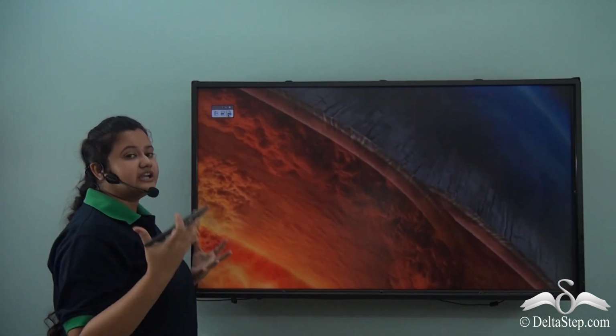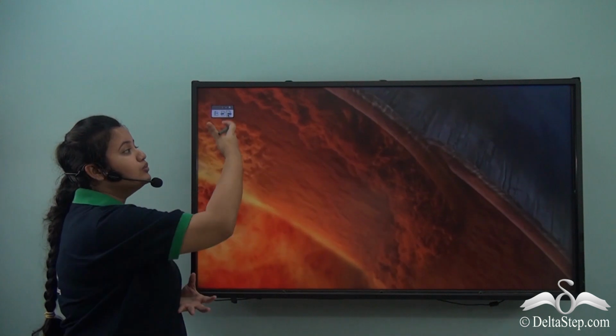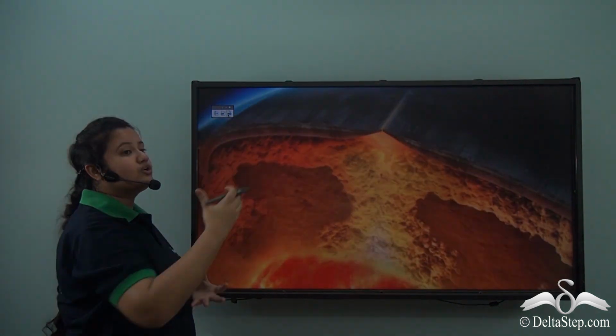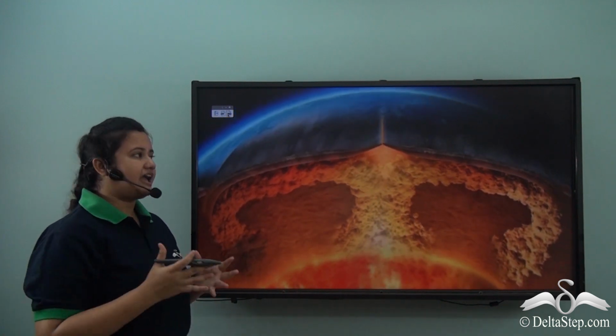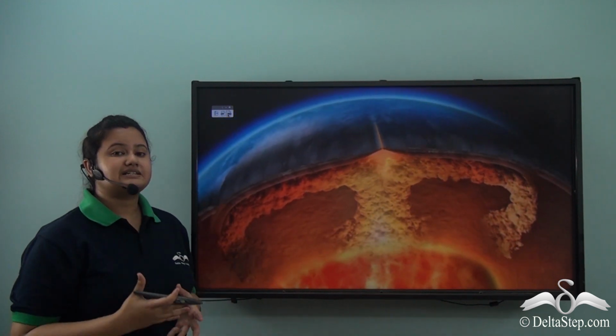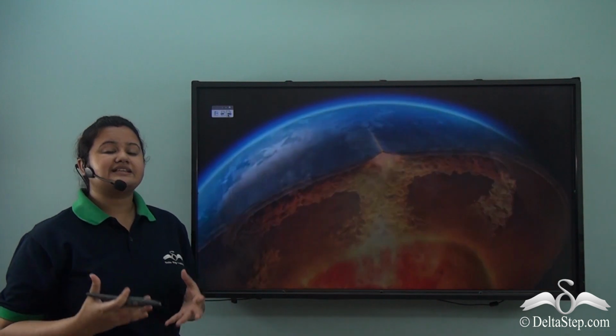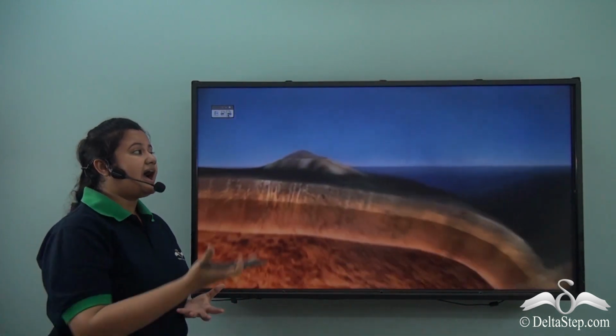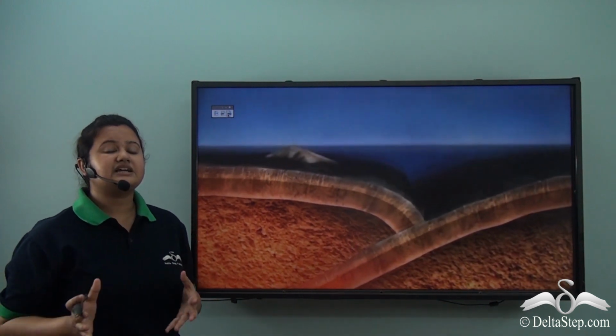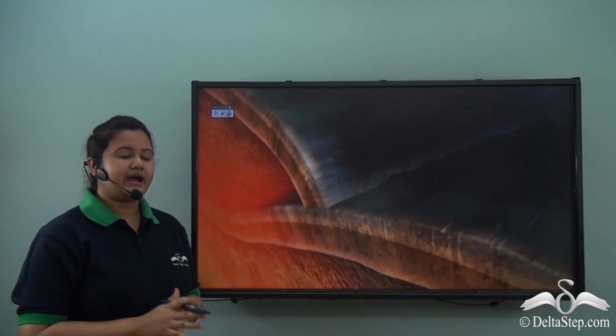So the heated rocks, being lighter, move up, while the cooler rocks lying above them, being denser and heavier, subside or settle down. These rocks that settle down again get heated up and rise up, and this process continues, setting up convectional currents in mantle.